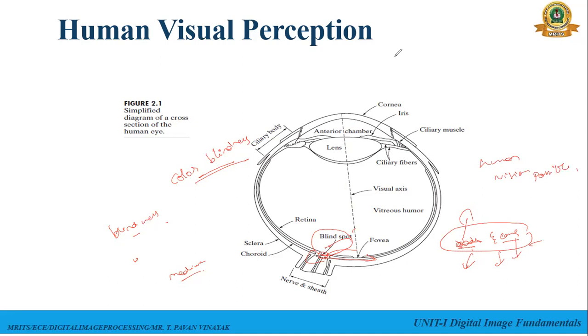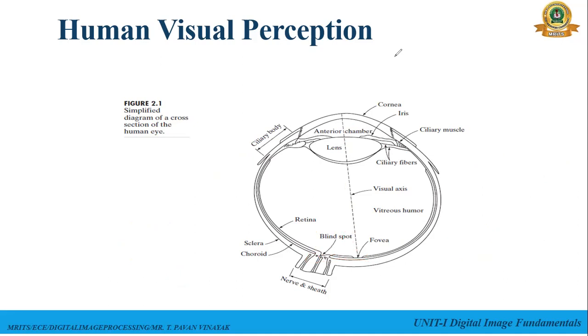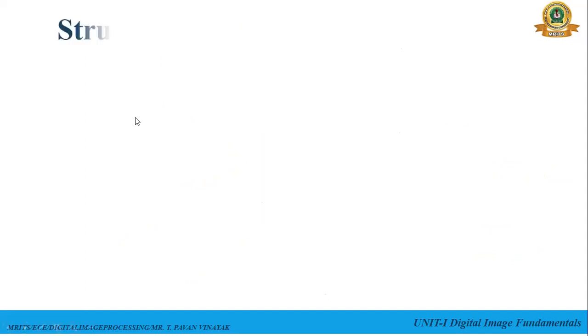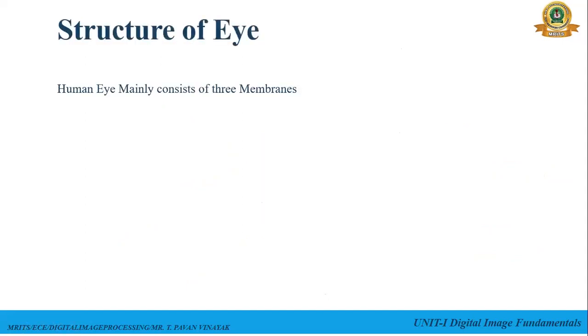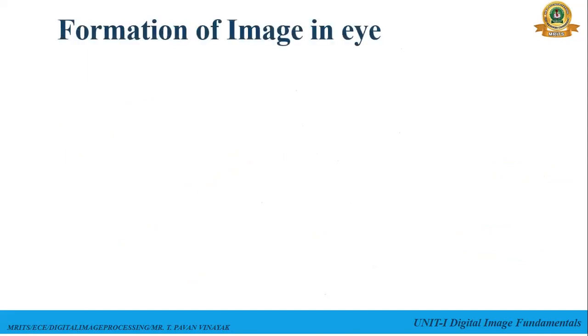Next, how images are formed in the eye. Generally, in an ordinary photograph camera, the lens has a fixed focal length. The focusing is varied by varying the distance.